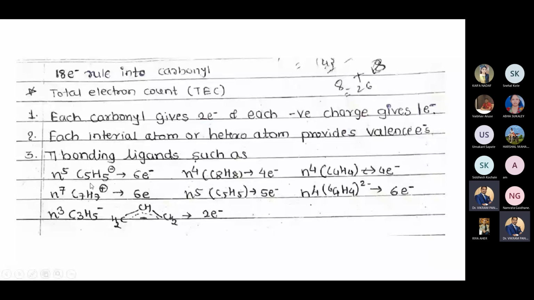So at that time you have to count these electrons like this. Okay, see, eta 5 C5H5 will use 5 electrons, but when you put a negative charge on this C5H5, you have to add one more electron, so that turns into 6 electrons, and then you just add them up to get the total number.